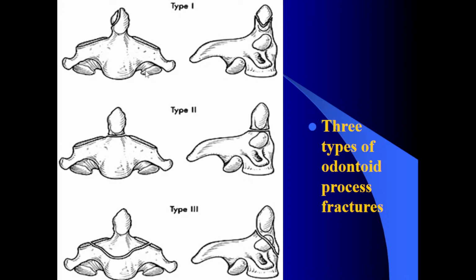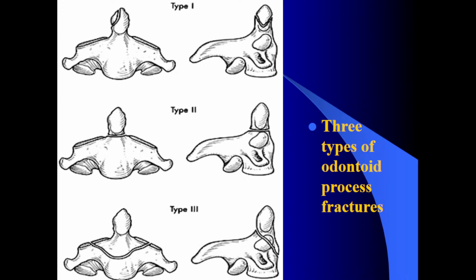So the most dangerous type, of course, is type number 2, because in that case the bone fragment is quite big for possible future complications. It is big enough to lead to severe compression of the spinal cord.